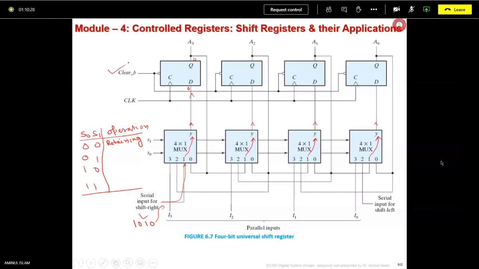For any operation, shifting left or shifting right, you will be clearing the flip-flops first by applying clear bar 0. Low clear bar will be clearing the flip-flops. So you have done that initially. After that, you have started serially inputting from the left side, and it will keep on shifting from left to right in this direction.